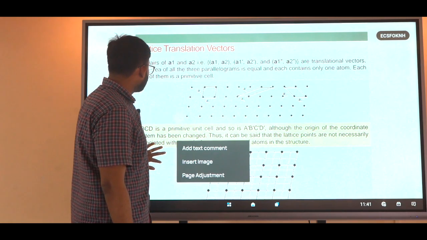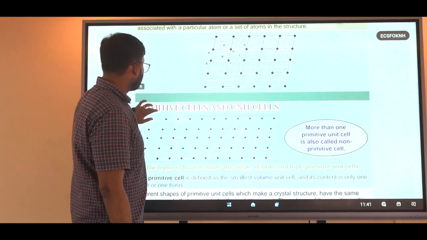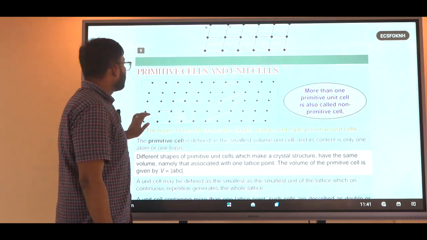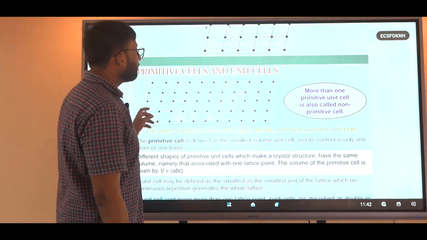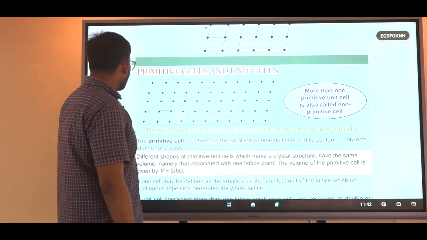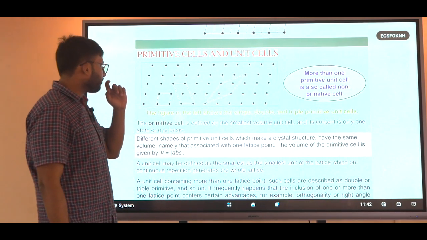So coming to the next slide. Primitive cells and unit cells. Sorry, primitive cells and unit cells. So what is primitive cell and non-primitive cell? First we have to be clear.